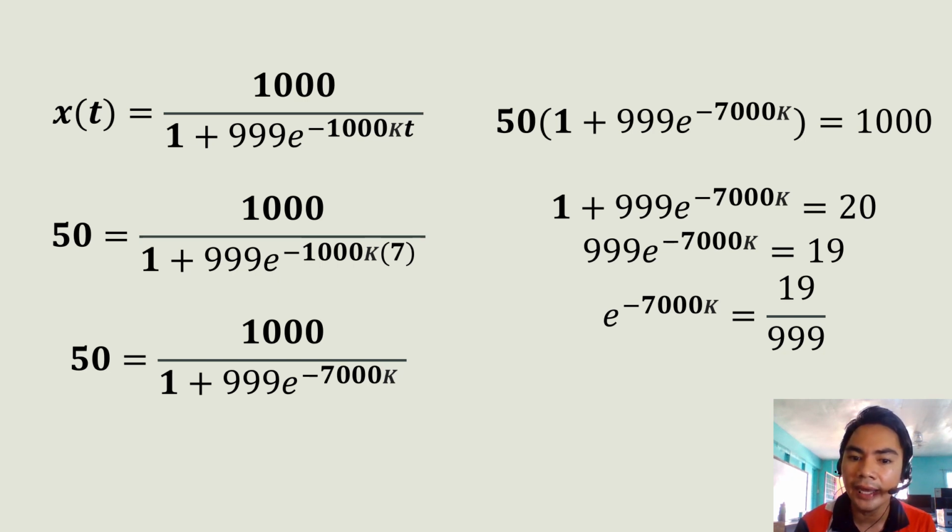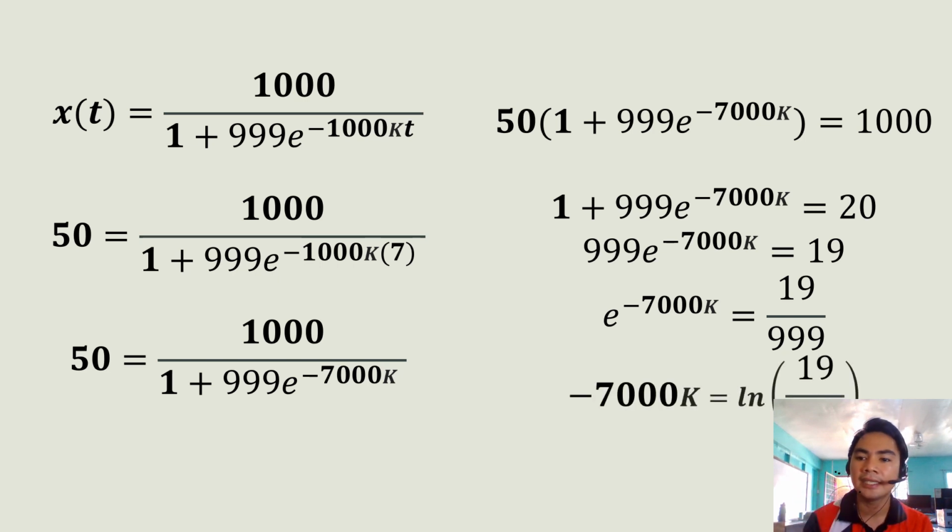And let us apply the law of natural logarithm. So by this, we have negative 7000k is equal to ln of 19 over 999. So by this, let's divide both sides by negative 7,000.